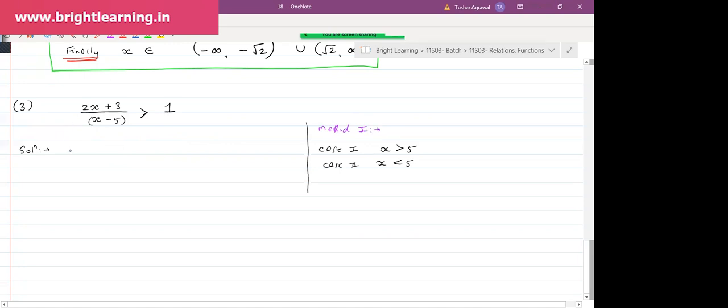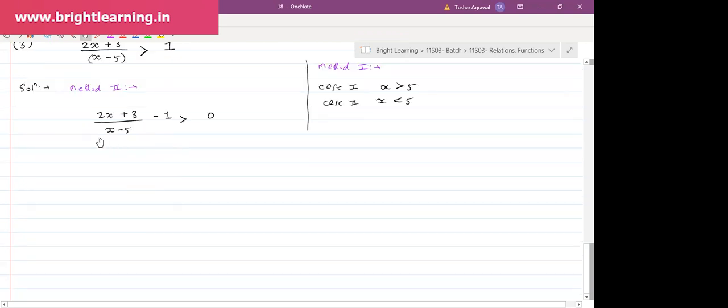Another approach is, two x plus 3 upon x minus 5. If I simply bring 1 to the LHS, it will become 0. There definitely the inequality will be maintained.